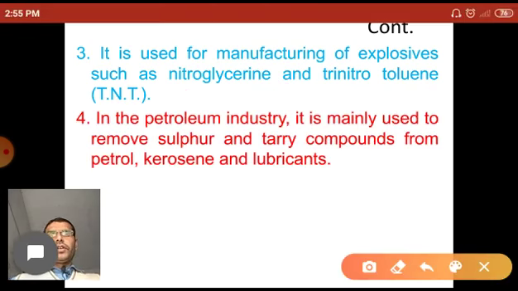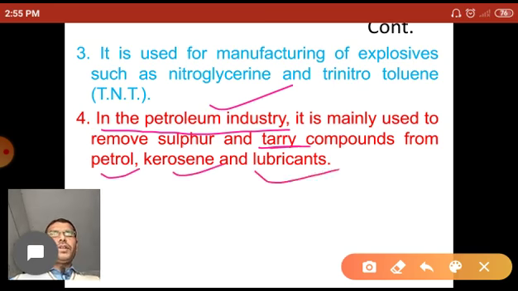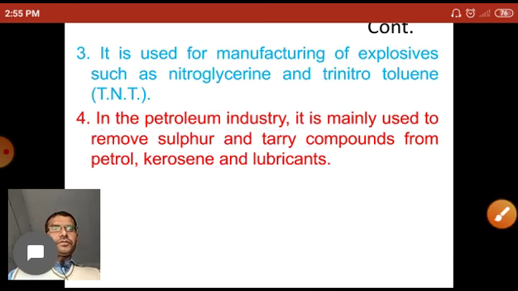Next, it is used in the petroleum industry, mainly to remove sulfur and tarry compounds from petrol, kerosene and lubricants. So unwanted sulfur-related compounds can be removed by using sulfuric acid in the petroleum industry.